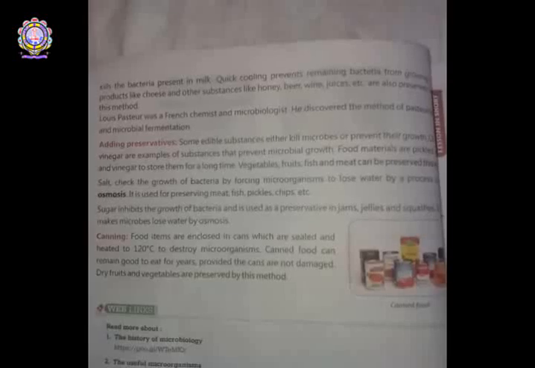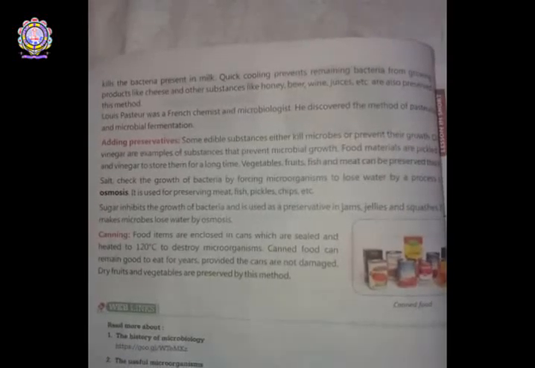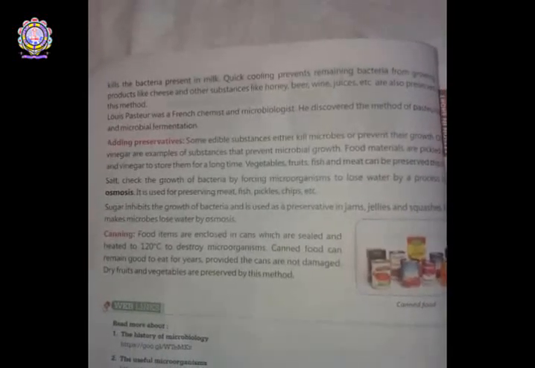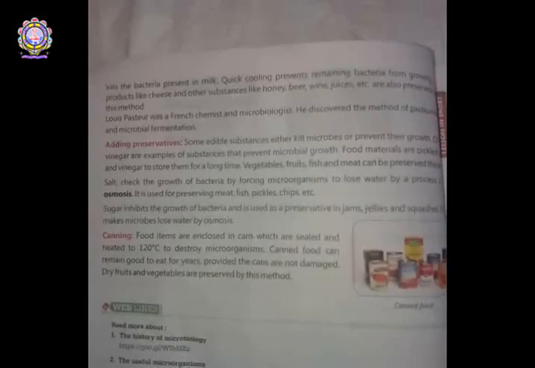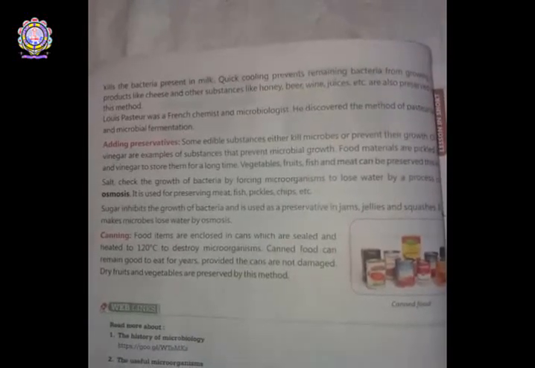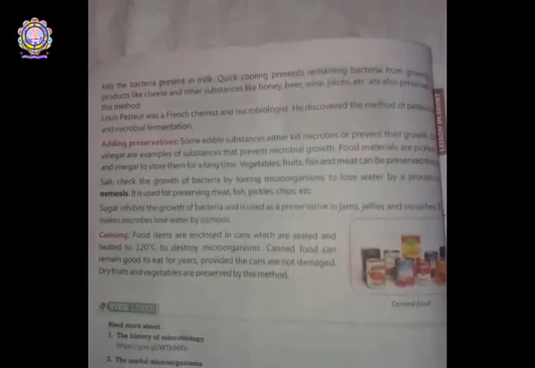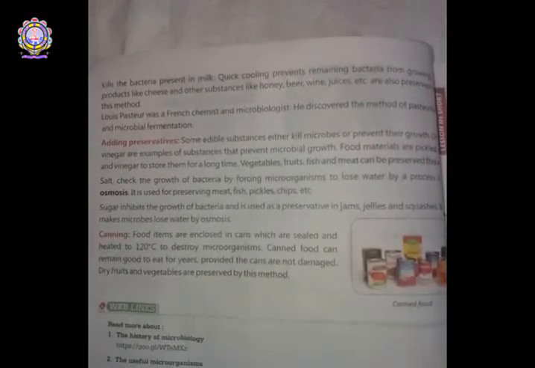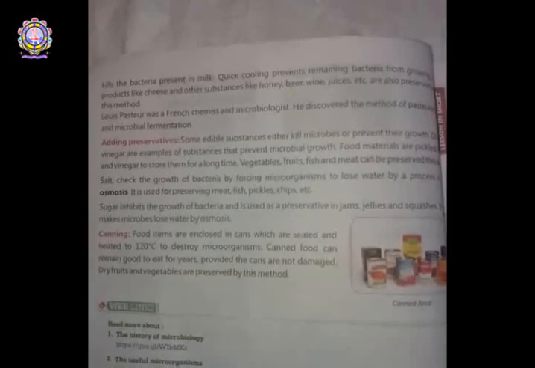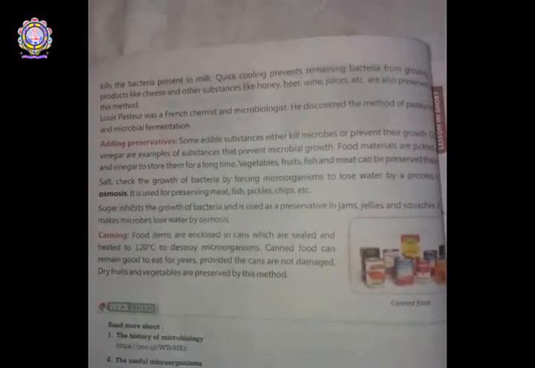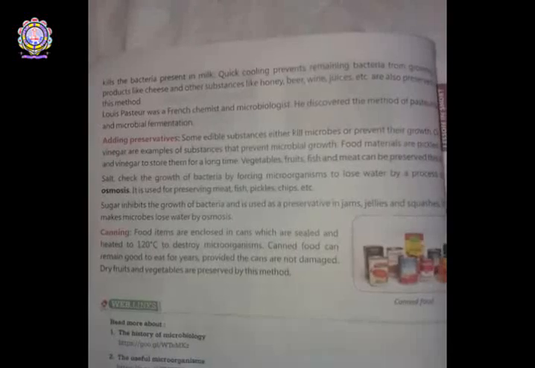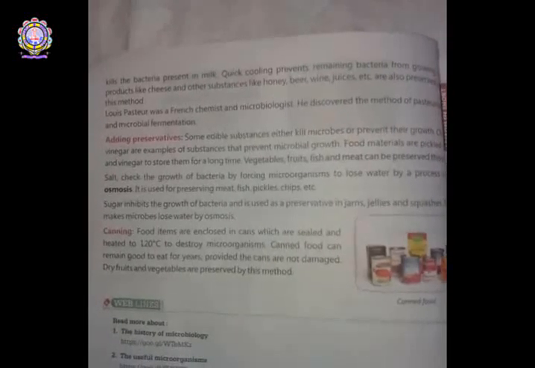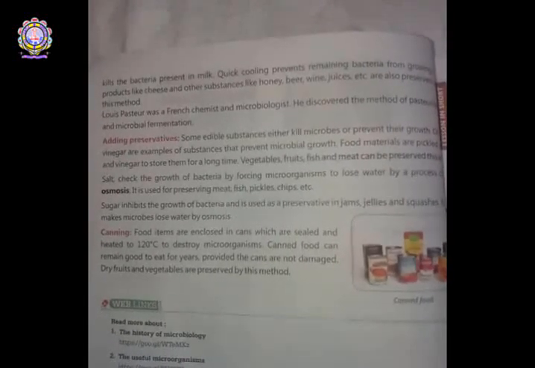Louis Pasteur was a French chemist and microbiologist. You know what a microbiologist is? One who discovered microbes, the microorganisms, is called a microbiologist, and the branch of science which discovered microbes is called microbiology.